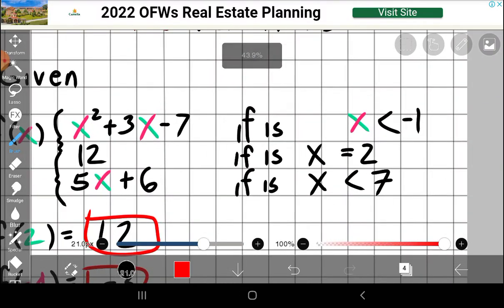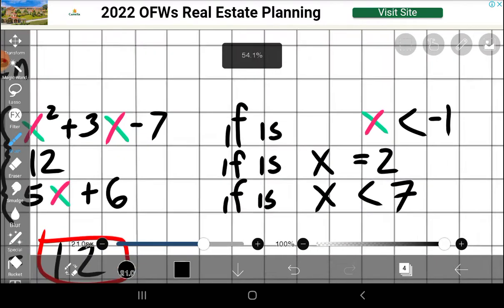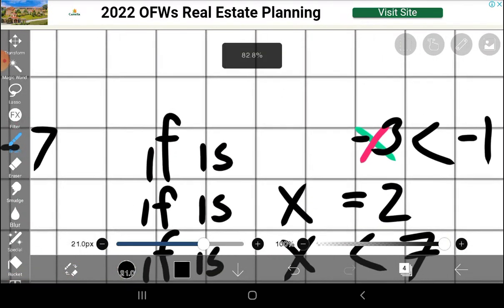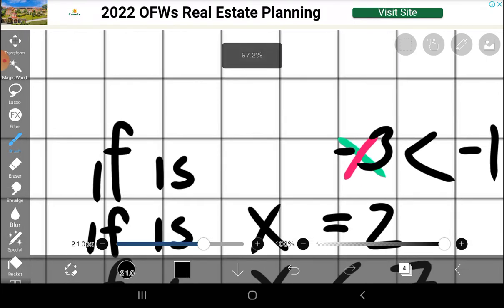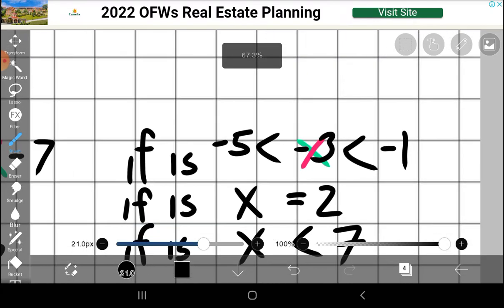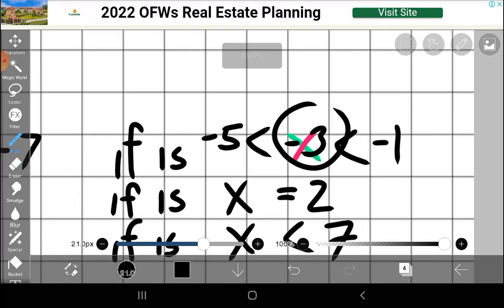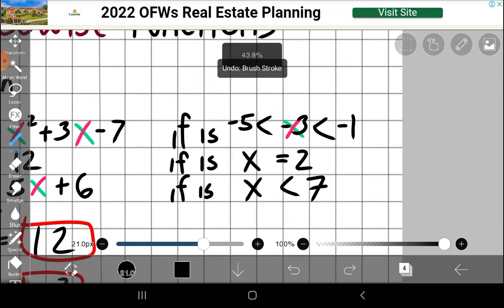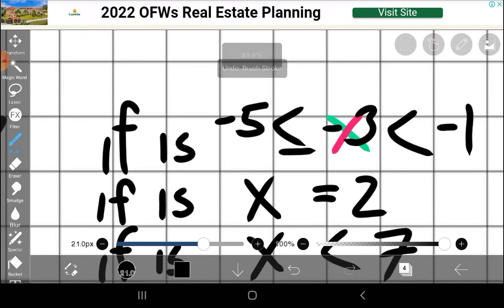At nilagay ko dito ang given is kung sakaling negative 3 yung dito, dapat more than negative 5. Kasi mataas to. Dapat ganyan pala yung nilagay ko. Mali yung nilagay ko. More than or equal.